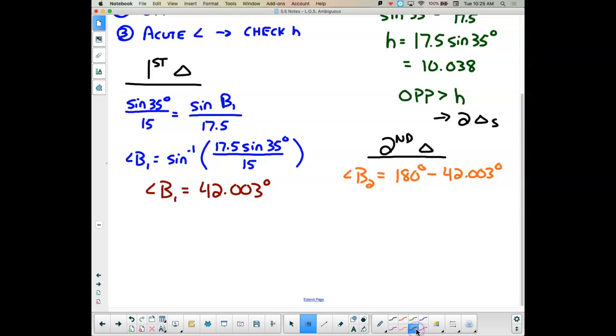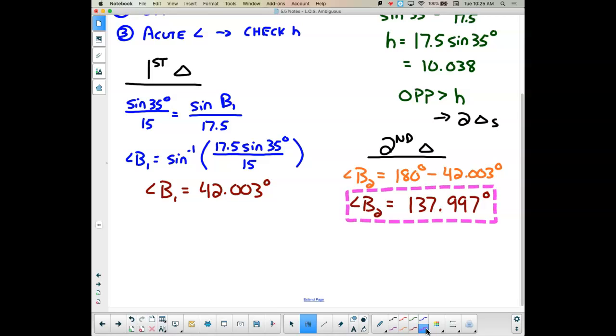So angle B sub 2 is going to be 137.997 degrees. Would you agree with that right away? Okay.